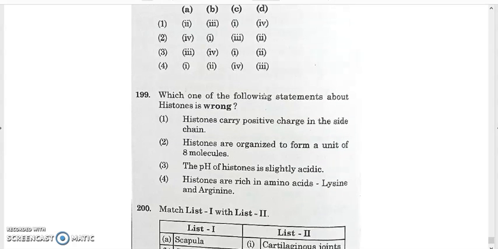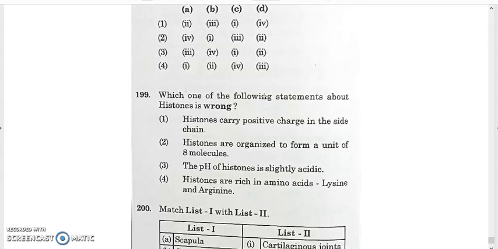199, which of the following statements about histone is wrong? We know that histone is a basic protein and histones bind to the negatively charged DNA so that DNA-histone packaging occurs. That's based on the nucleosome model. Nucleosome is a model for representing how the chromosome can be packaged into the nucleus, and different types of proteins are involved in chromosomal packaging.